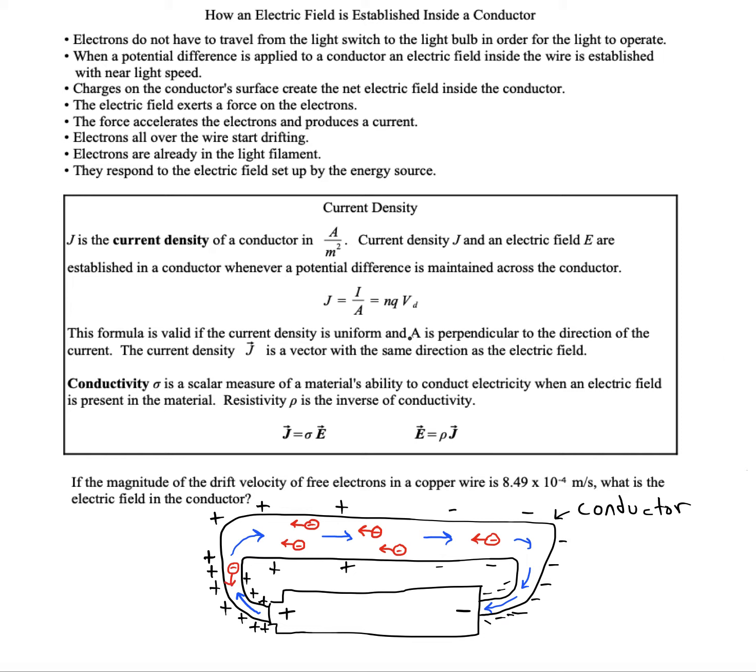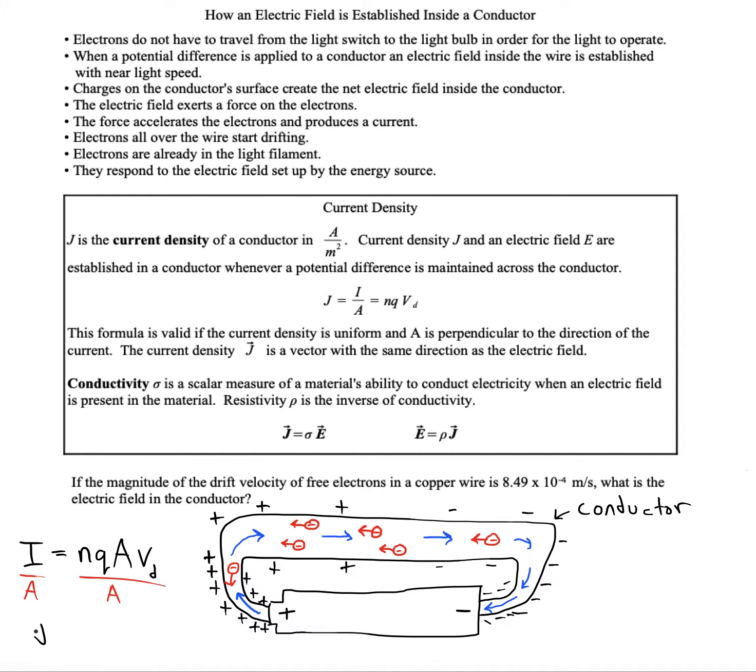A formula we had used in the past was current equals free electron density times the charge of the charge carriers times the cross-sectional area of the wire times the drift speed. If we divide the cross-sectional area to the other side, it reveals a new formula.